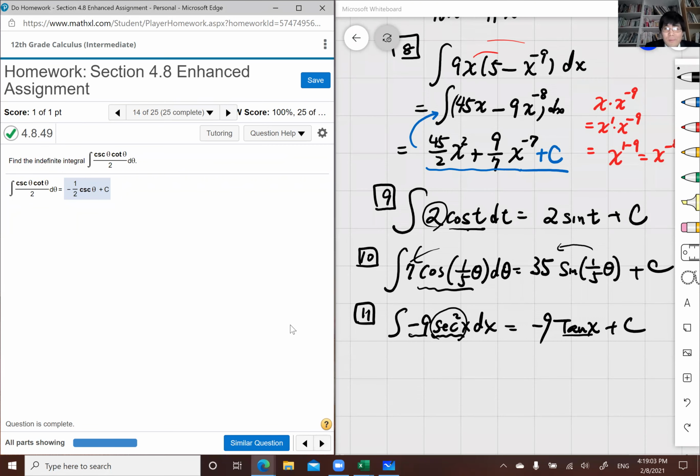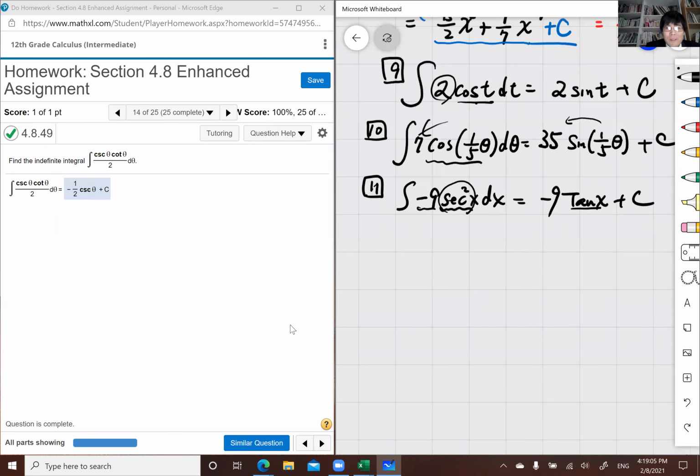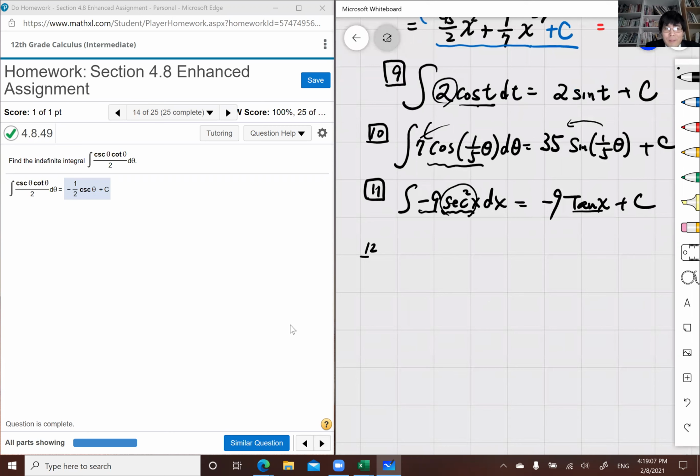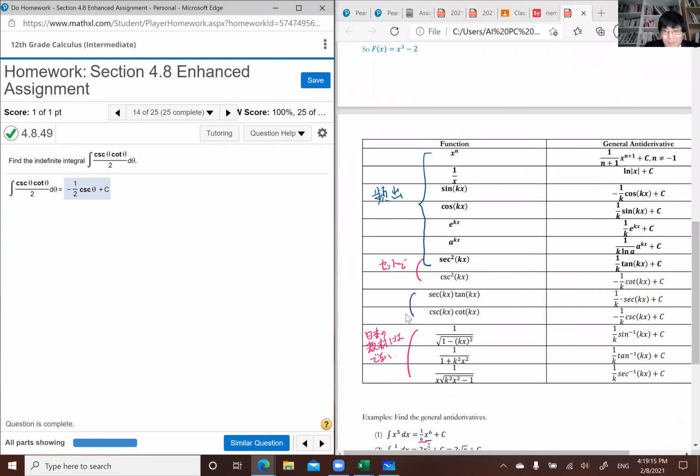Okay, something we haven't seen yet. So cosecant times cotangent. Well, that's actually here, the purple one here. So the derivative of secant will be secant tangent. And its pair, the co-function pair, is the cosecant.